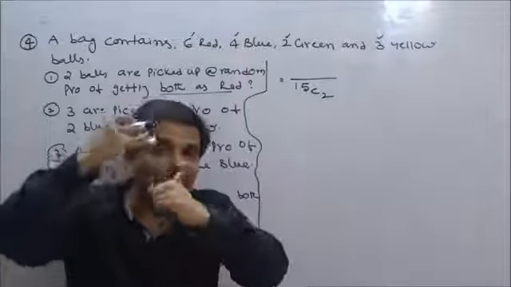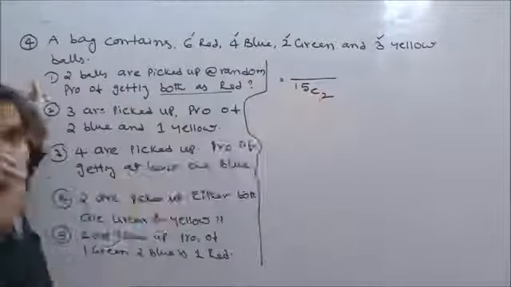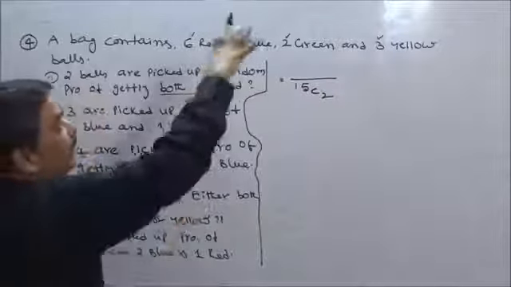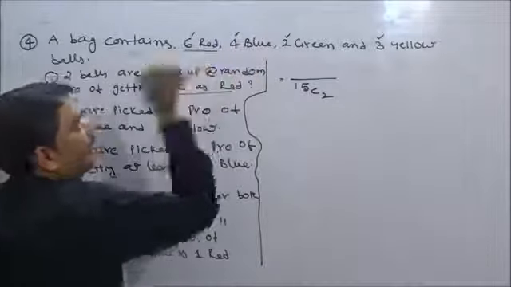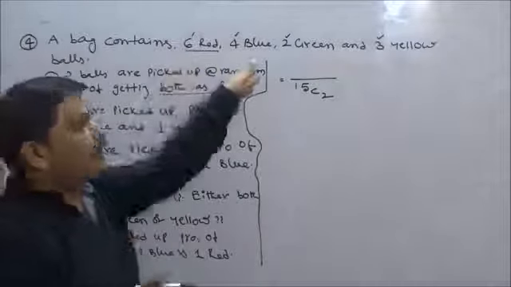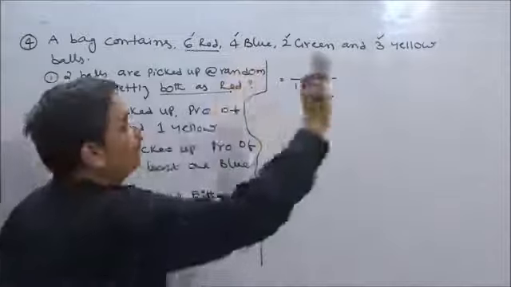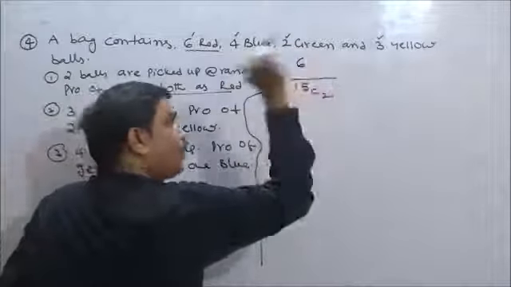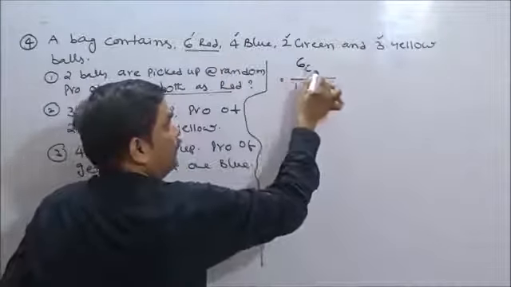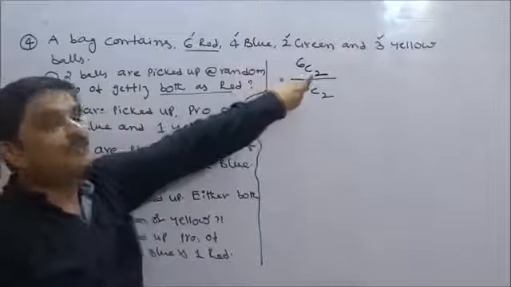In this case I should ignore all the other things except red, because I am taking the favorable events, that is from 6 red balls only. From 6 red balls, what is the number of favorable events here? From 6, combination of 2. Alright, because I am picking up only 2 balls.